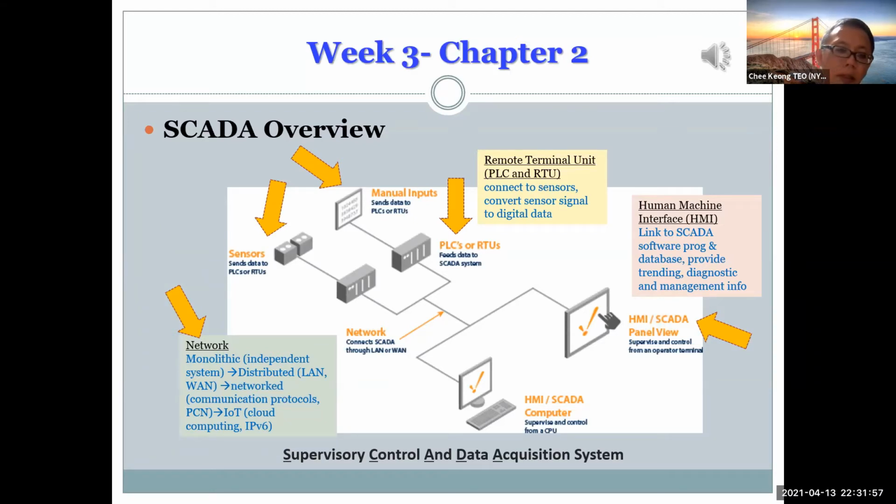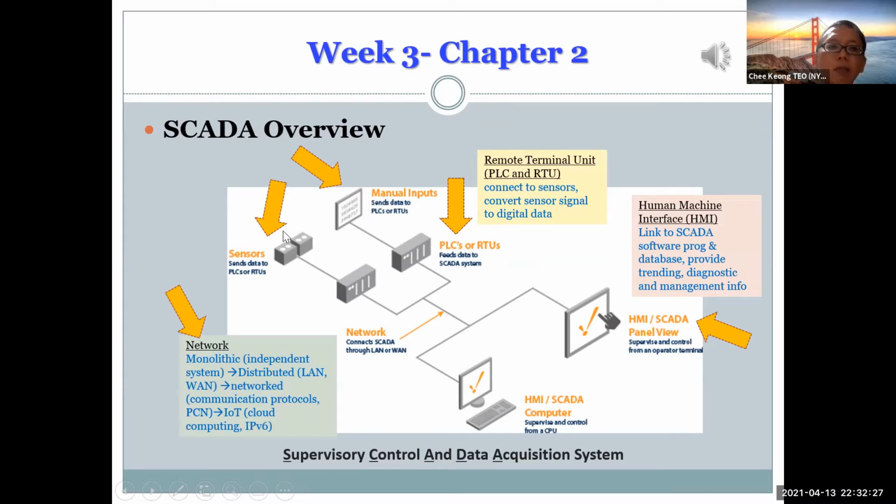Now, of course, this page talks about SCADA. I think you guys from the EEE side should be very familiar with this. This is what we call the Supervisory Control and Data Acquisition System. Now, this system is basically a kind of standard that is proposed by some gurus that includes many sub-components joined together. Of course, on the first level, at the very end to the real application, we have the sensor and the manual input.